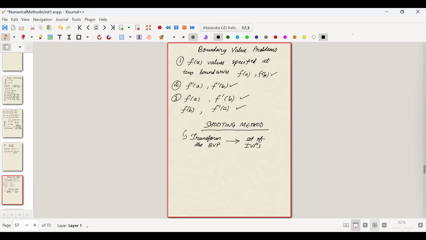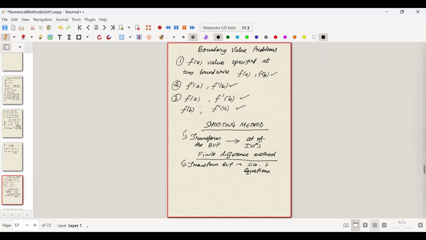There is another method known as the finite difference method. The idea is that you apply finite difference approximations whenever you see derivatives, and transform the boundary value problem into a set of simultaneous equations to solve.